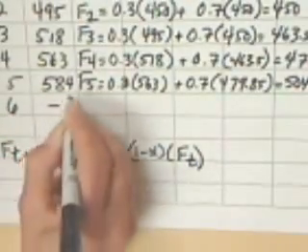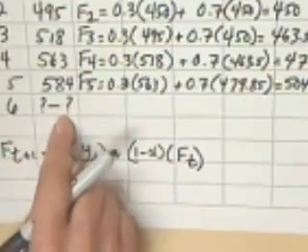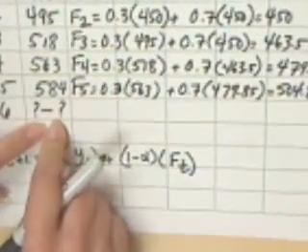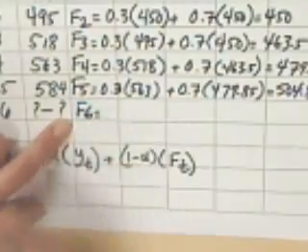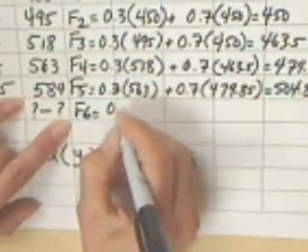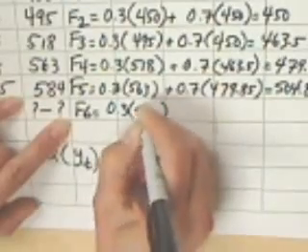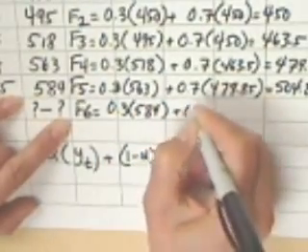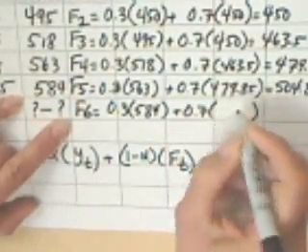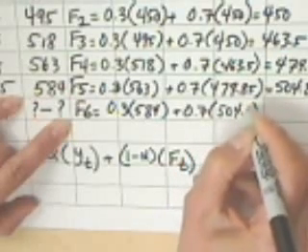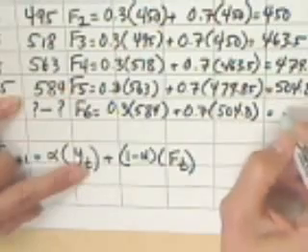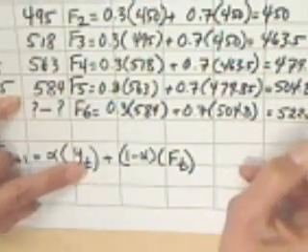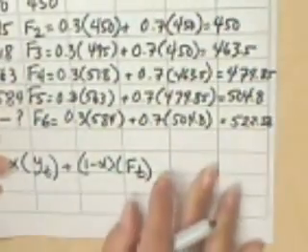So even though I don't know what the actual will be in period 6, I can estimate or forecast sales. And that will be 0.3 times 584 plus 0.7 times 504.8. And that number will be 522.56.